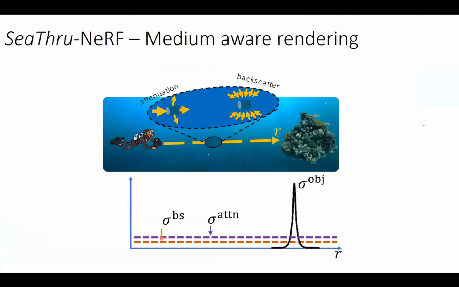Without too many details, we can't assume anymore that there are objects and all the rest is free space, as it is above water. Here we actually have to model the water. So we have a separate modeling now for objects and for the medium itself.